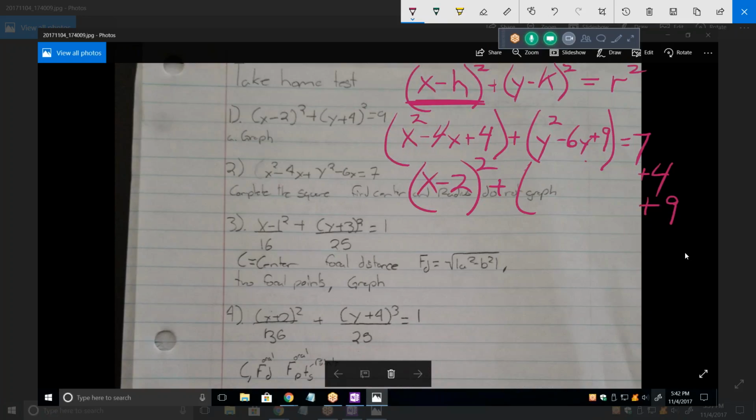How am I going to write the y term? Would it be y minus 3 squared? Add those three numbers together, 7, 4, and 9, and you get 20. There's my equation for that circle.